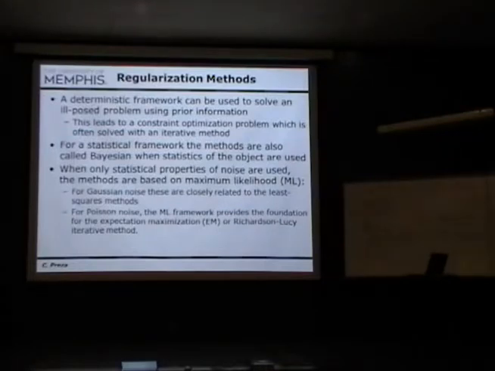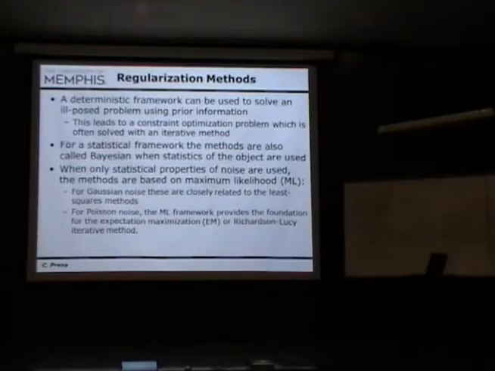And it depends. If I'm assuming Gaussian noise being the dominant factor in my measurement, then this kind of approach again relates to a least squares methodology, minimizing a least squares error between the data and the model.